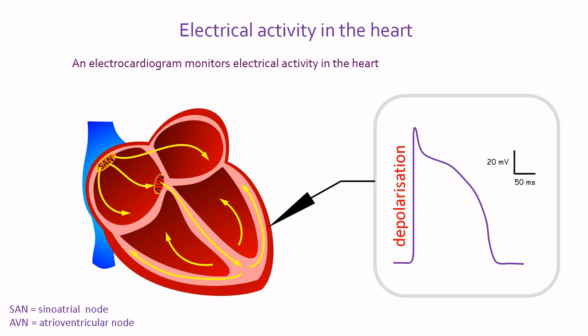Each impulse from the sinoatrial node generates action potentials in the atrial muscle and then the ventricular muscle cells. The electrocardiogram monitors the global signal generated by action potentials arriving simultaneously in all the muscle cells of the atria or ventricles.